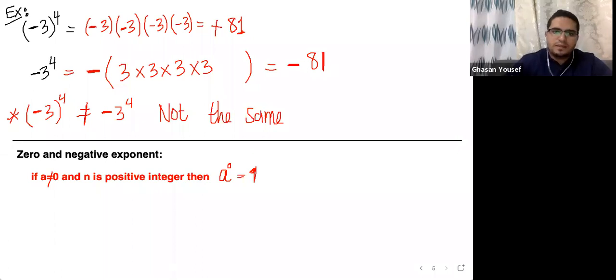Also for the negative exponent, I can define a to the power minus n as exactly 1 over a to the n.